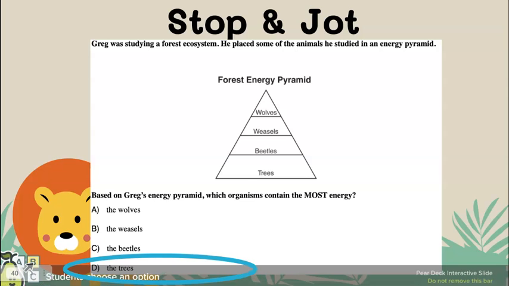If you answered D, the trees, that would be correct. So we know that the bottom tier of the pyramid, that level has the most energy. And in this case, that would be the producers, or the trees.